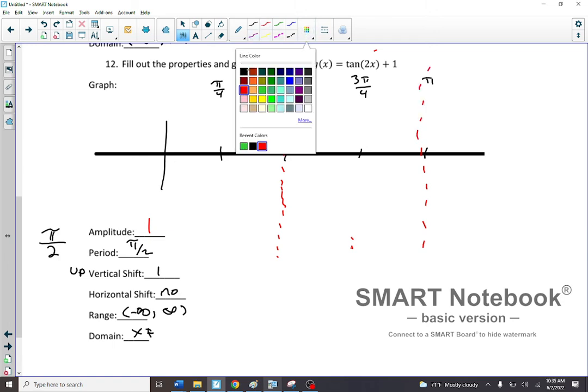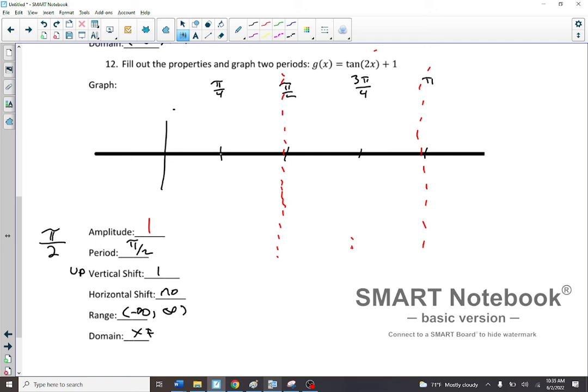So your actual graph will be starting from here. I go up along the line, then whip back through, up along the line, whip back through. I guess I should have a point here. The coordinate point should be, oh, I made a mistake. I first shifted up 1. So let's call this 1 and let's call this line 0.